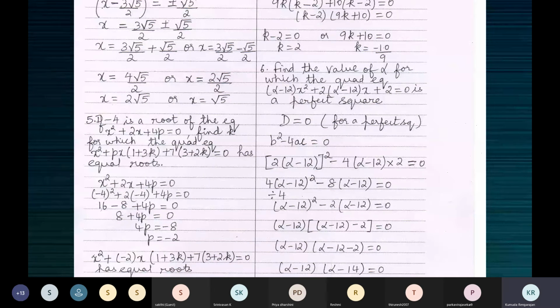When the quadratic equation is a perfect square, then the value of D is 0. You checked it yourself. It doesn't work only for 2x minus 5 the whole square. You take anything, any perfect square. It can be plus or minus. Even if it is 2x plus 5 the whole square, 3x minus 7 the whole square, any perfect square.